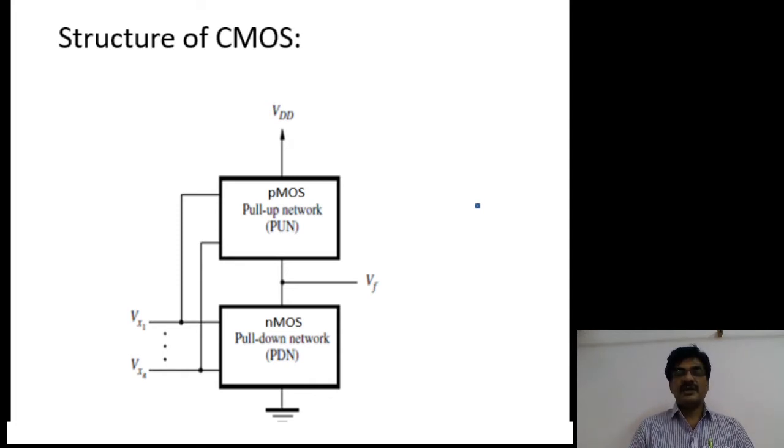Another important point here is that the number of transistors in each network depends on the number of inputs of a gate, if the gate gives a complement equation. Generally, the number of transistors in the CMOS structure is equal to 2n transistors. Let us take the NOT gate as an example.